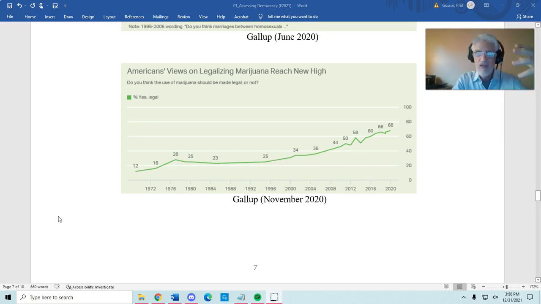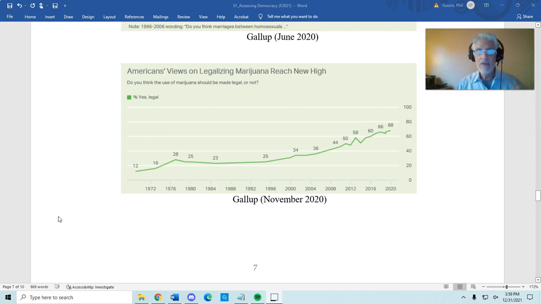Around 2012, states started making recreational marijuana legal. And I think on this graph, I don't display it, but by the time we get to 2020, like 14 states had made recreational marijuana legal. Now, I don't know how many it'll be at the time that you're watching this video, but my guess is that more and more states are going to continue to make marijuana legal either medicinally or recreationally.